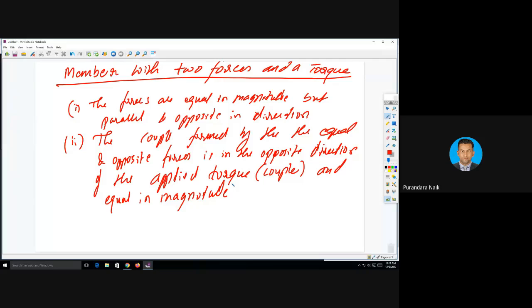And equal in magnitude. If these two conditions are satisfied, then you can say the system is in equilibrium or static equilibrium.